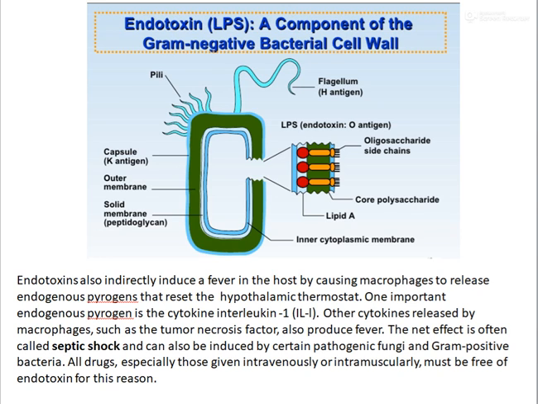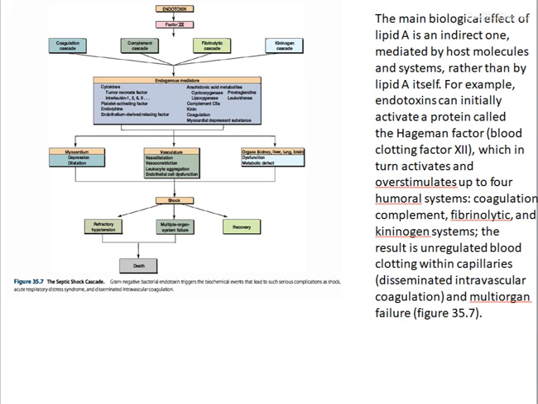septic shock. Now, certain gram-positive bacteria as well as pathogenic fungi could also lead to septic shock, but most predominantly it is the endotoxins which lead to septic shock. Now, what is septic shock?